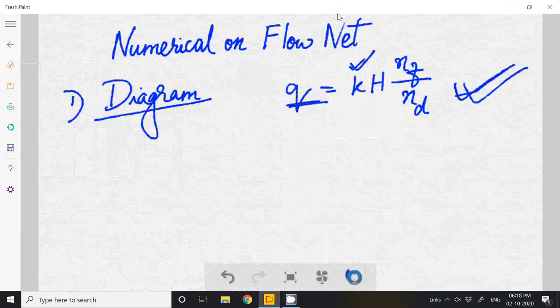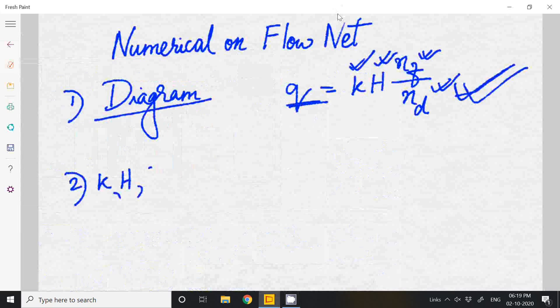H, Nf and Nd will all be shown in the diagram. And the second one will be such that all these values K, H, Nf and Nd will be provided to you.